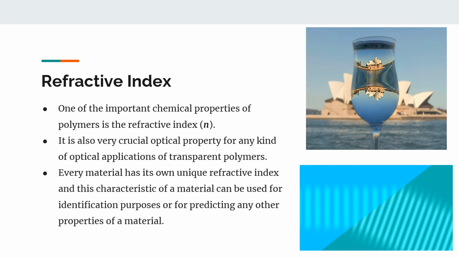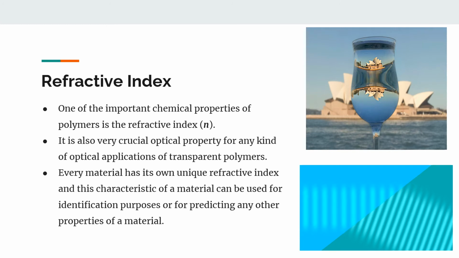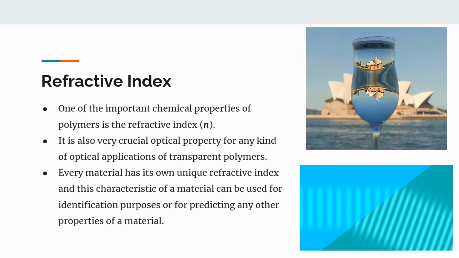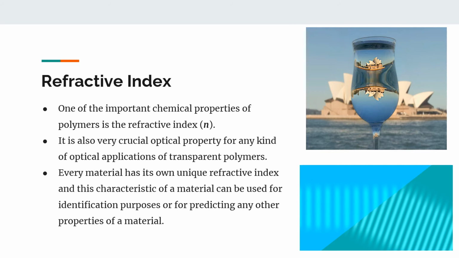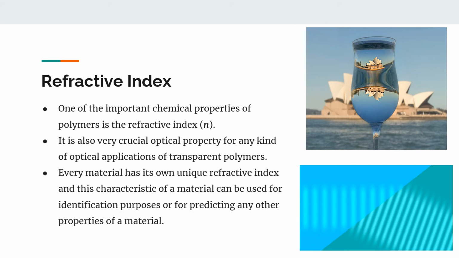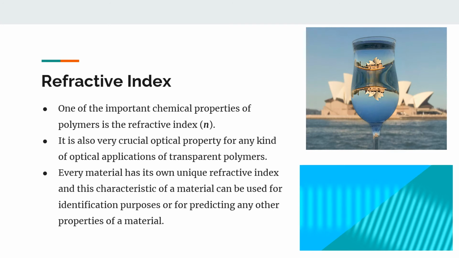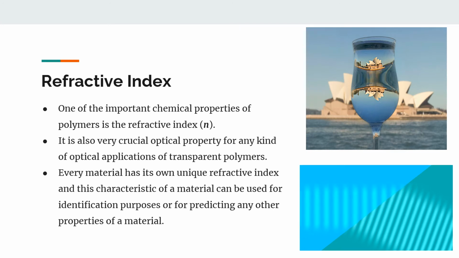Every material has its own unique refractive index, and these characteristics of a material can be used for identification purposes or for predicting any other properties of a material. On the right side, an animation of refractive index is shown, where you can see how the waves are changing their course from going from one medium to another, and this happens because of the refractive index.